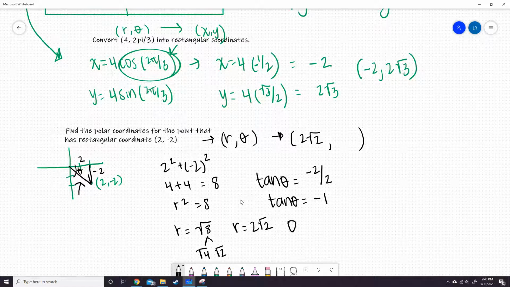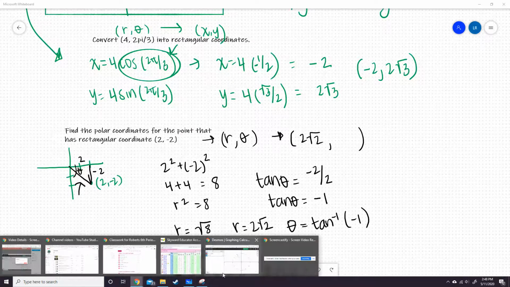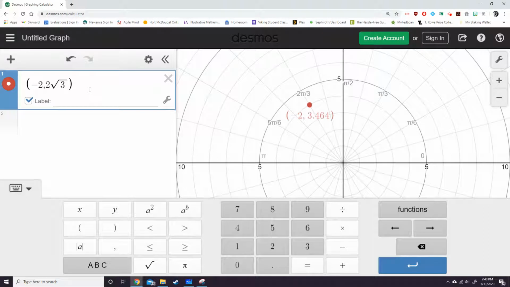So to get theta, I would do the inverse tangent of -1, and I know that tangent is -1 at -45 degrees, or -pi/2.